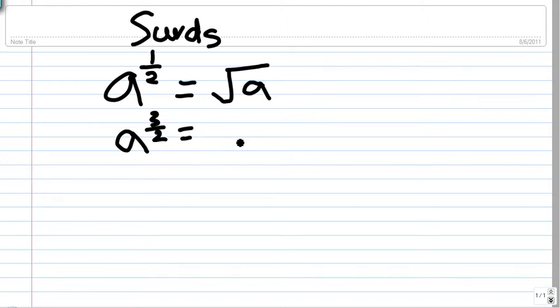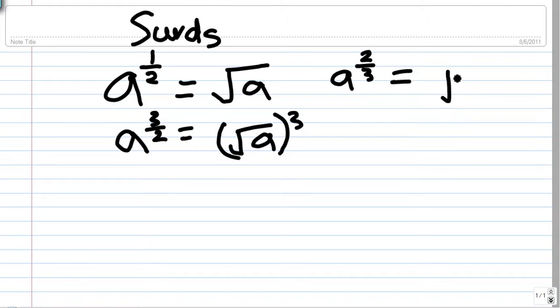This can be referred to as square root a to the power of 3. If you have a to the power of, say, 2/3, what you're actually doing is cube rooting a, and then that answer to the power of 2.